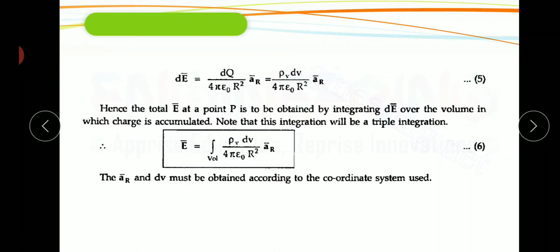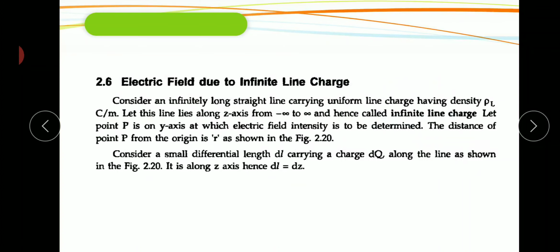Now we have to discuss the electric field intensity due to an infinite line charge. So here we have to find the electric field intensity in the case of a line charge having limits from minus infinity to plus infinity.